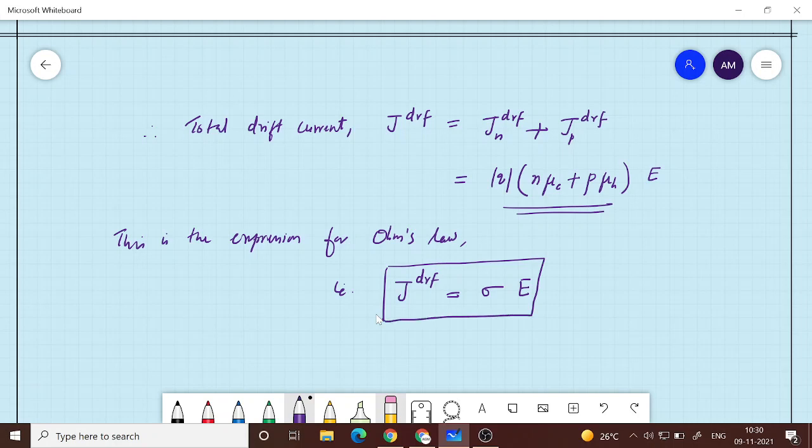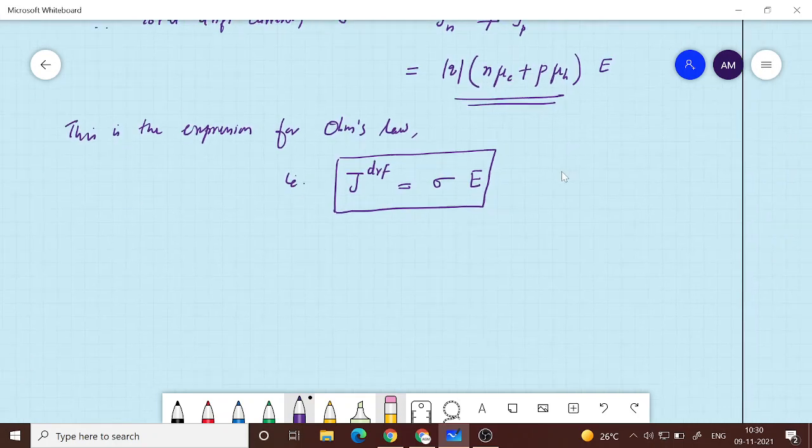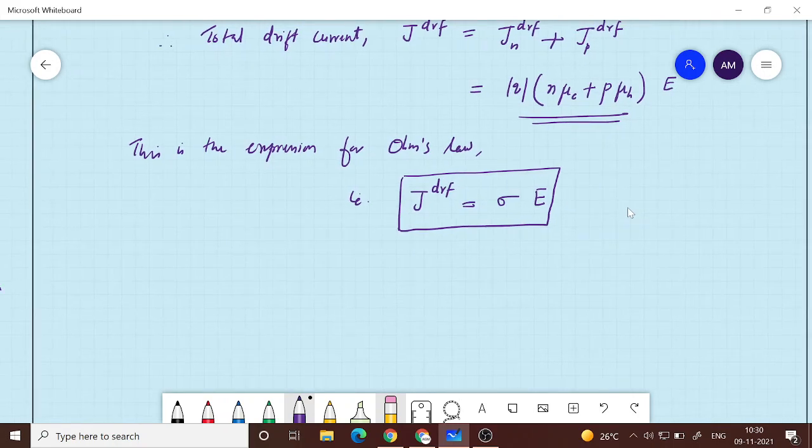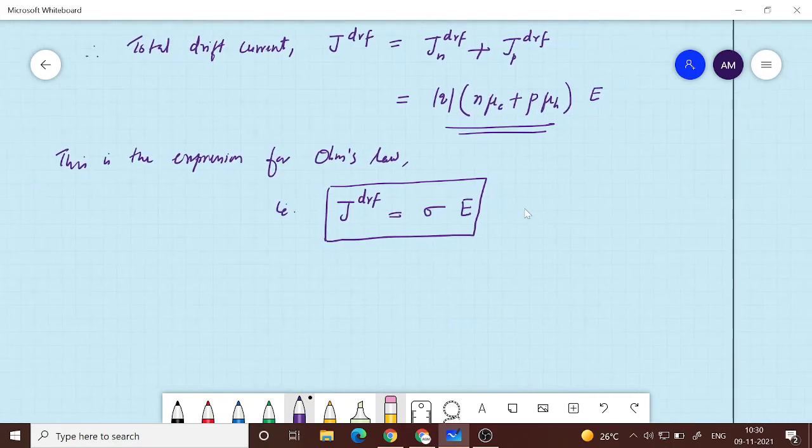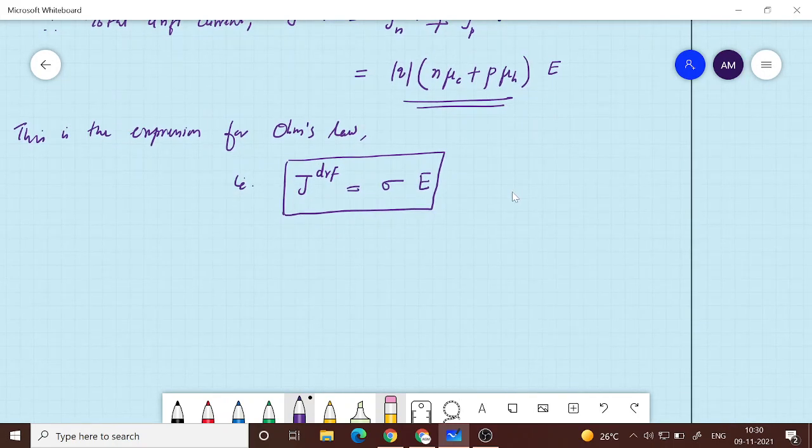So what we get, by deriving the Ohm's law, is the conductivity, where the conductivity sigma is given by one part coming from electron transport and the other part coming from hole transport, mu h.